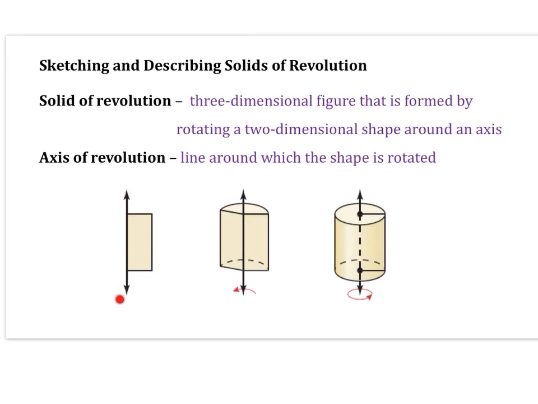Here's your axis of revolution. As you rotate the shape, which appears to be a rectangle, you start to see how it forms a cylinder. So the solid of revolution of a rectangle is a cylinder.